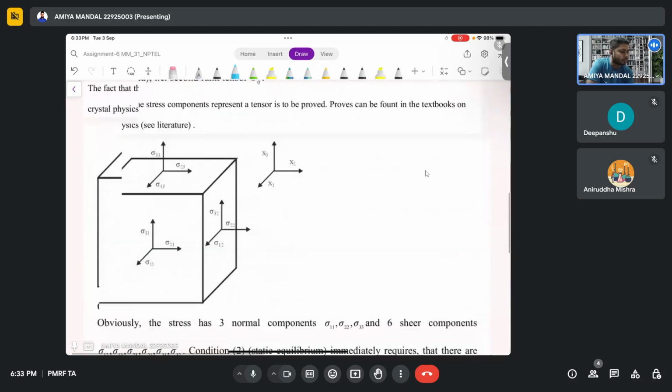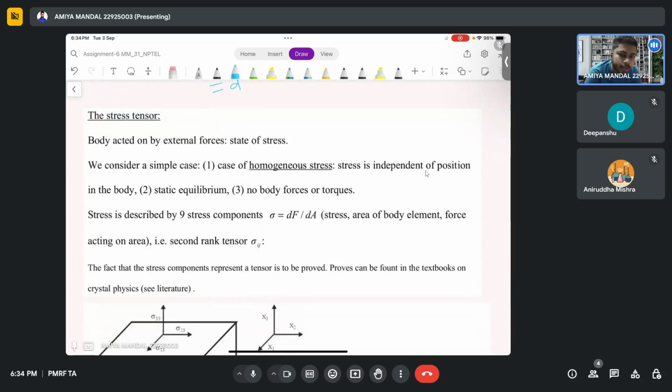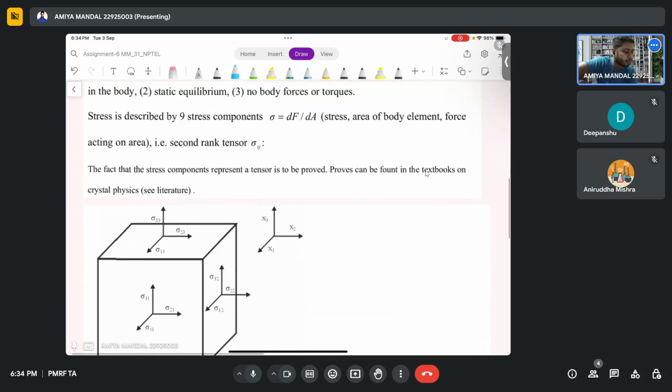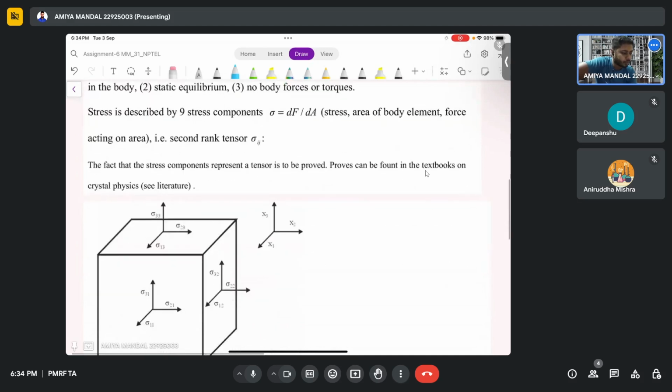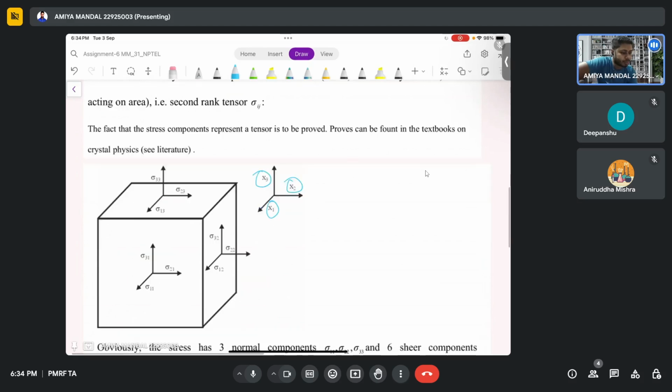So I am just recapping the stress tensor, strain tensors and their concepts. You can see the stress tensor and its components, how they vary in three directions. The sigma ij components are sigma 11, 12, 13, 21, 22, 23, 31, 32, 33.